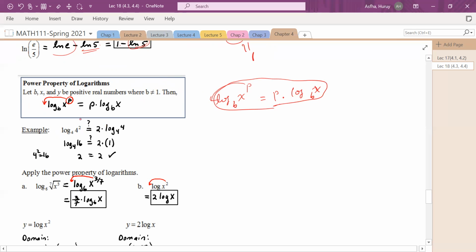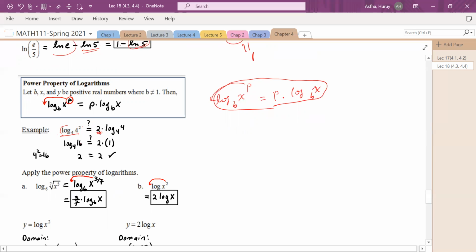And well, let's see. Let's say we have log 4 squared base 4. Now this one, 4 squared is 16, and log 16 base 4 is 2. And on the other hand, using the power property, we can bring the 2 down here in front of the log.